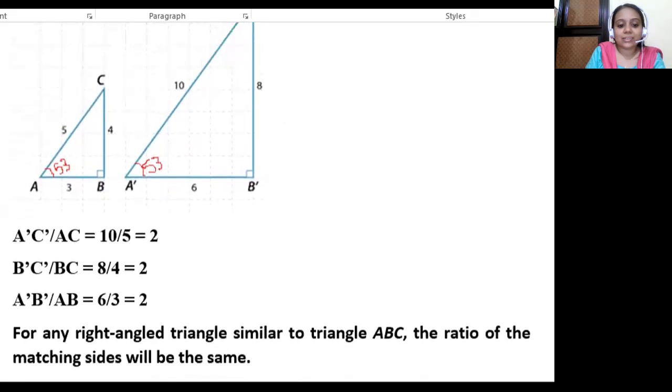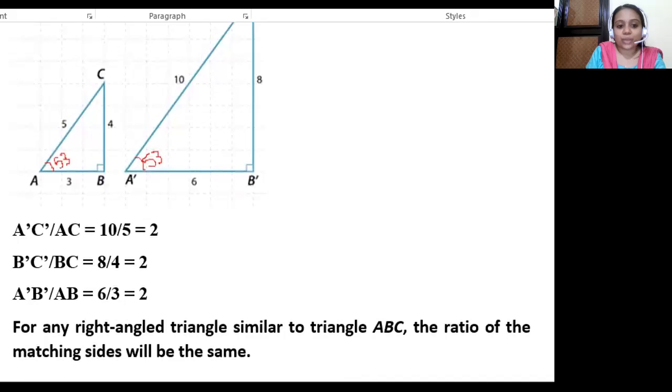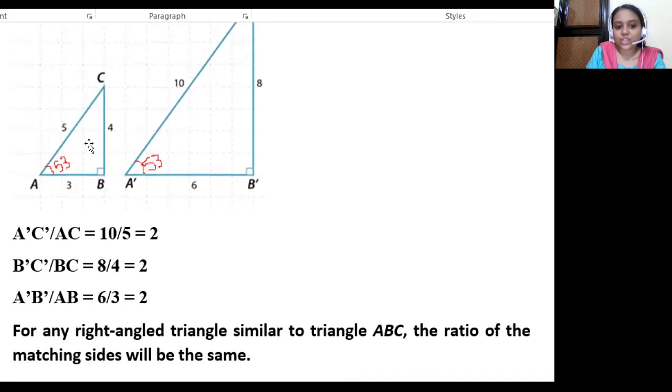Yeah, so such an observation we have got. And this ratio of sides has something to do with this angle, I believe. Yeah, let's keep that doubt. So for any right angle triangle similar to this smaller one, the ratio of the matching sides will be the same. That's what we found out.